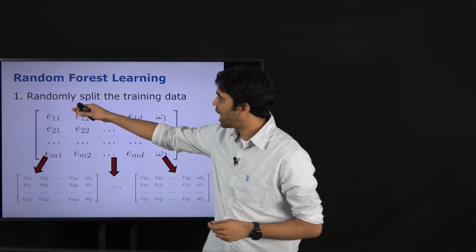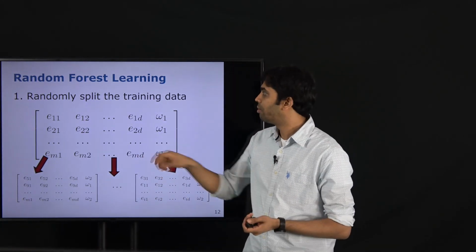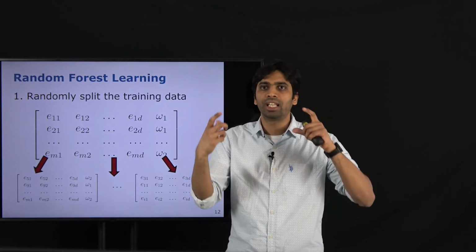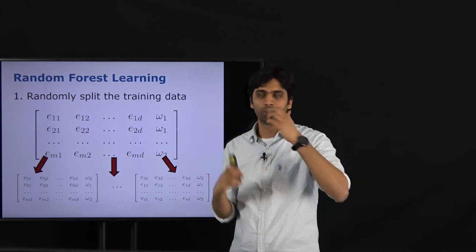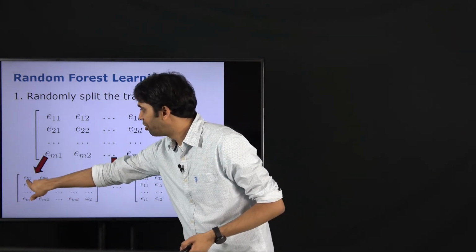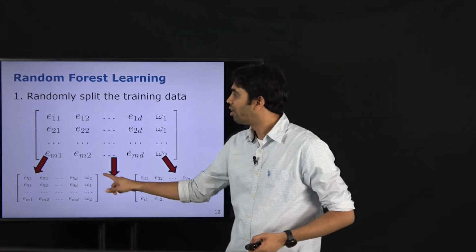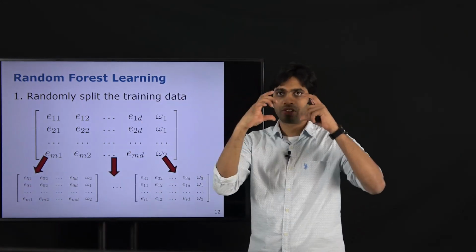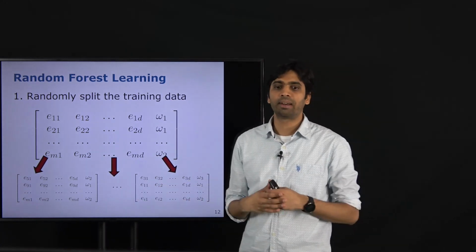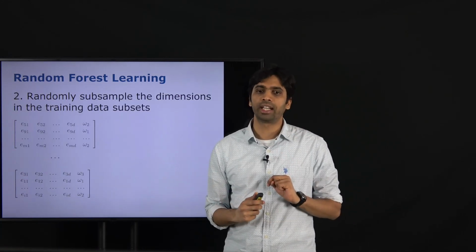In this case as it's shown, we have M1 examples, and picking up different rows of this matrix would essentially mean you are splitting that matrix into smaller parts. So let's say we picked up the 5th row, the 9th row, and the last row. This is one subset from our original training data set that we made, and we do this B times. So essentially we end up with B different training splits. This is only the first kind of split that we do.